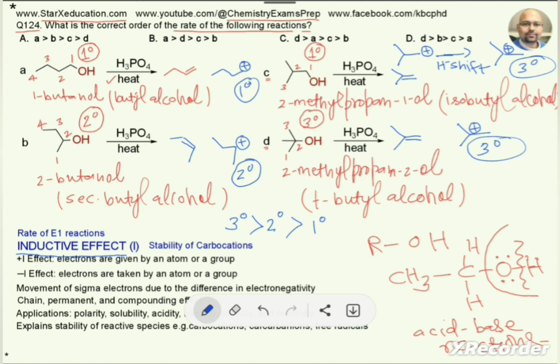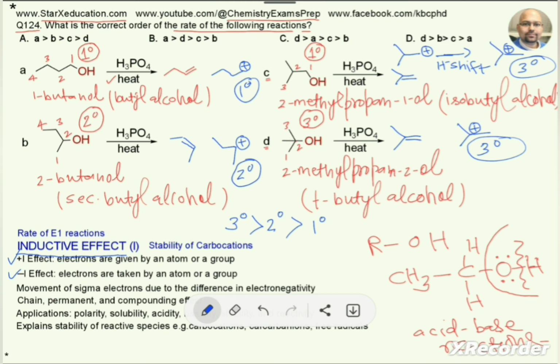So as we saw earlier, there are two types of inductive effects. One is the positive I effect, where the electrons are given by a group or atoms to a center where there is an electron deficient atom. And the second one is minus inductive effect, where the electrons are taken by a group or atom from a place where there is extra electron density.